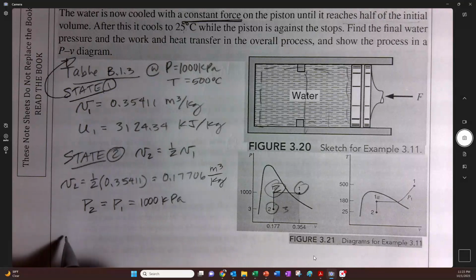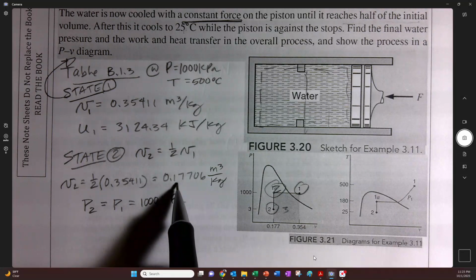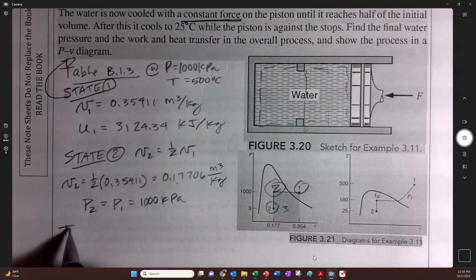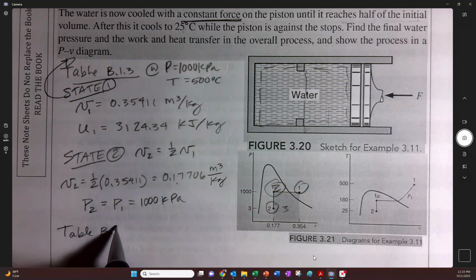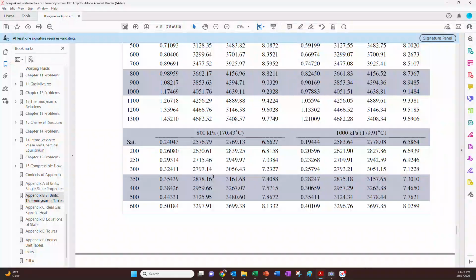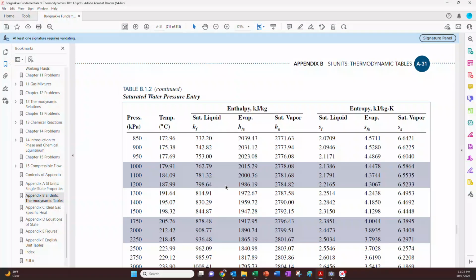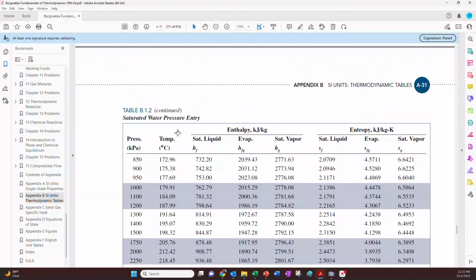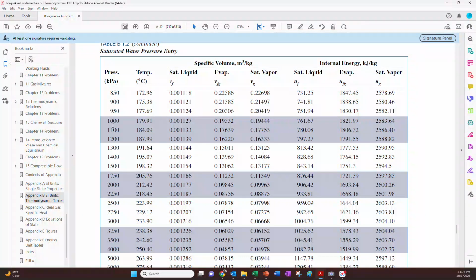So let's go and see where this is in the saturated tables. So this is table B. The saturated table is indexed by pressure right here, and this is the enthalpy page. So let's go to this page, and we're at 1,000.